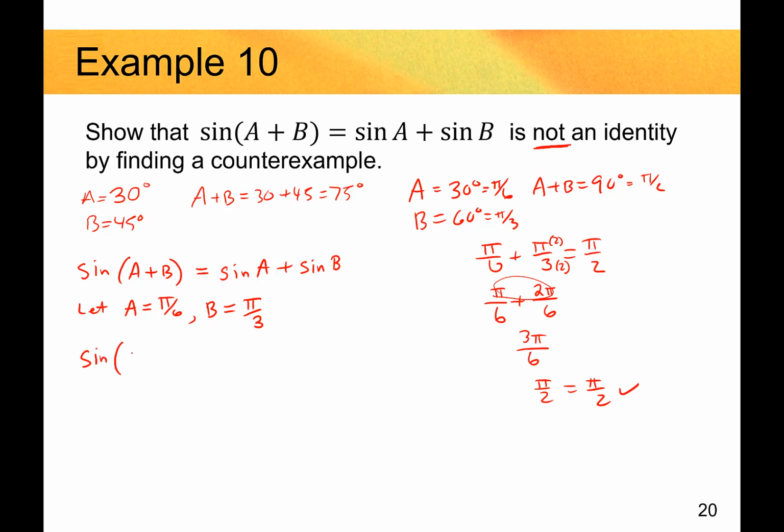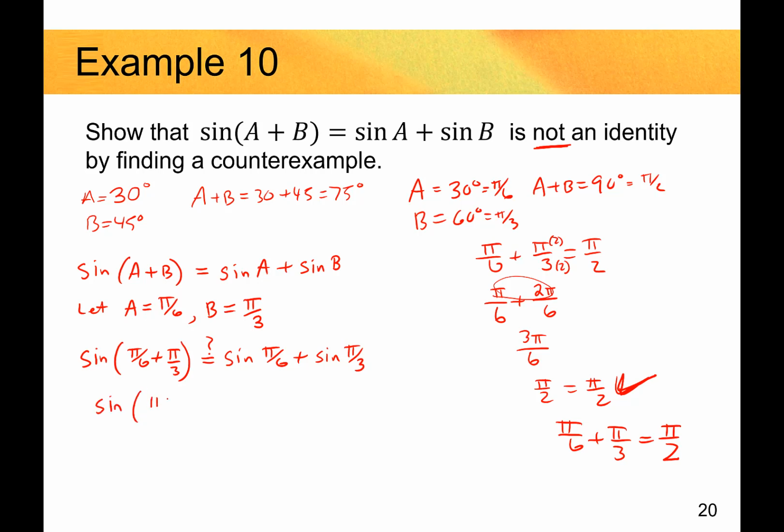So sine of pi over 6 plus pi over 3, we don't know if it equals, we'll see, sine of pi over 6 plus sine of pi over 3. Okay, so we know pi over 6 plus pi over 3 makes pi over 2. Cool. So we got sine of pi over 2.